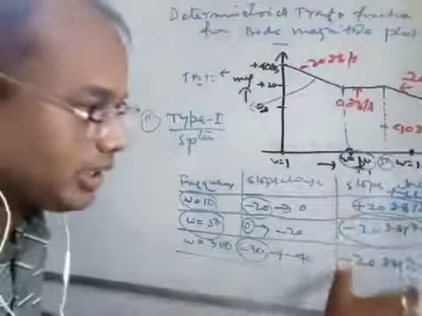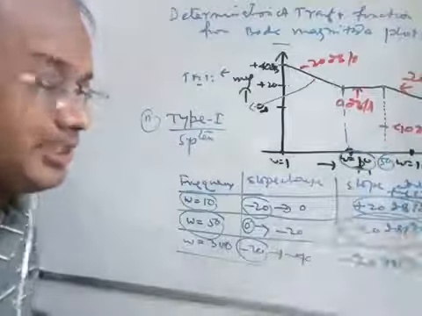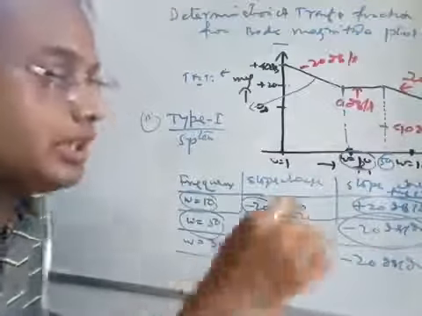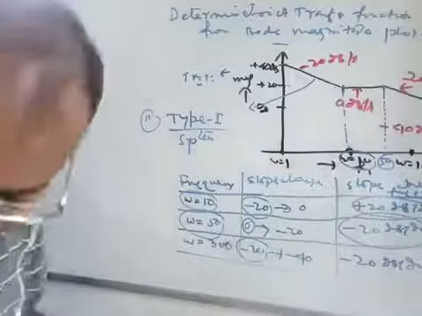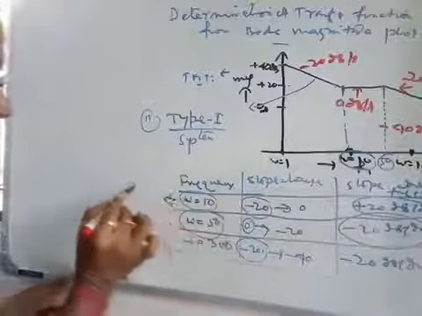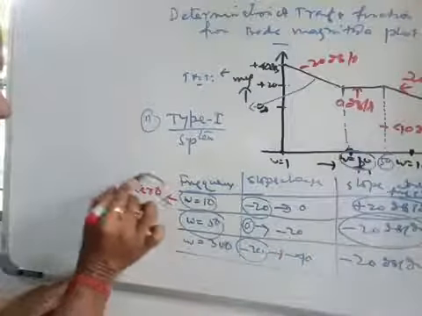And what does this actually signify? If you contribute a slope of plus 20 dB, that means you are adding a 0 there.